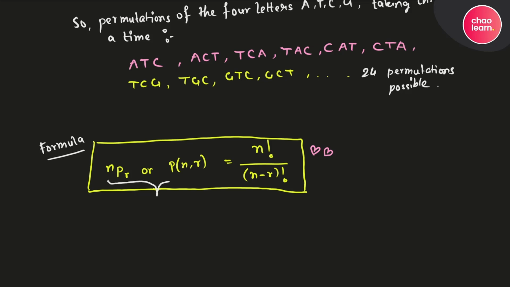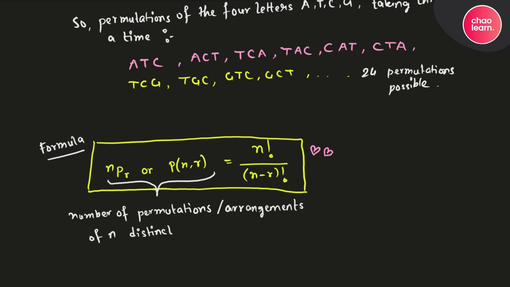These notations stand for the number of permutations or arrangements of n distinct things taken r at a time.